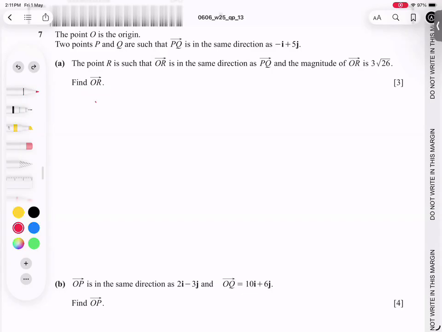Any vector contains two parts, you know it very well. One is magnitude and one is cap. Cap is called direction. Magnitude, we have it, 3 root 26, so I can copy this number as it is. But how to find OR cap? OR cap, as I said, has the same direction as this direction. So I'm going to find this direction first.